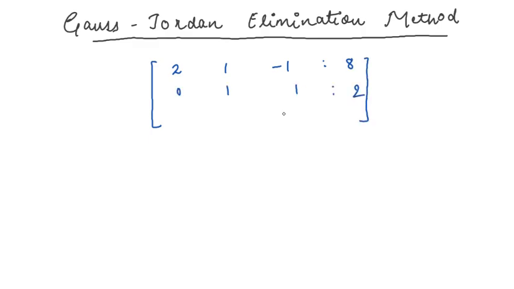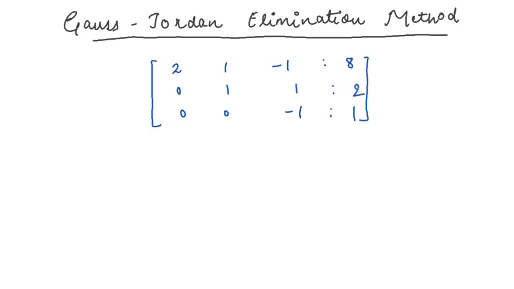Wouldn't it be more convenient if the matrix itself became 1, 0, 0, some A, and 0, 1, 0, some B, and 0, 0, 1, some C? In this form, the solution is immediately visible. And this is exactly what the Gauss-Jordan method achieves.